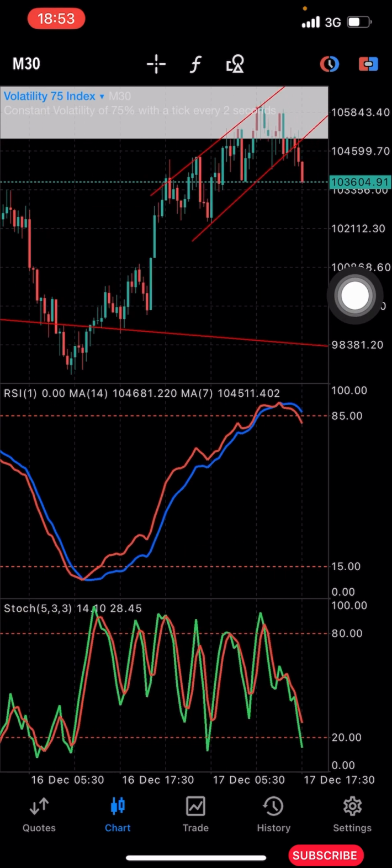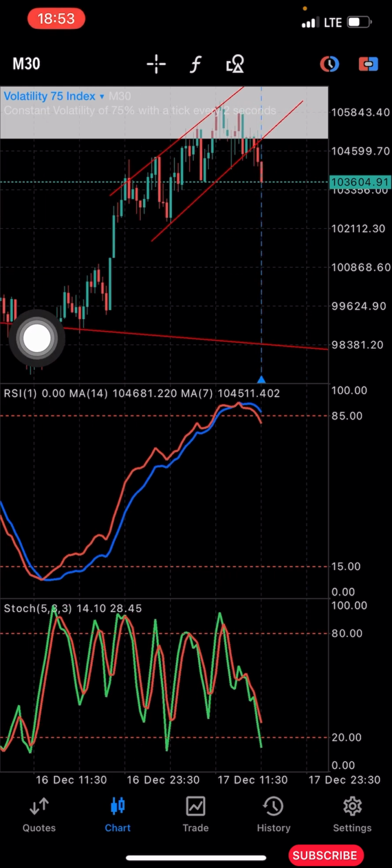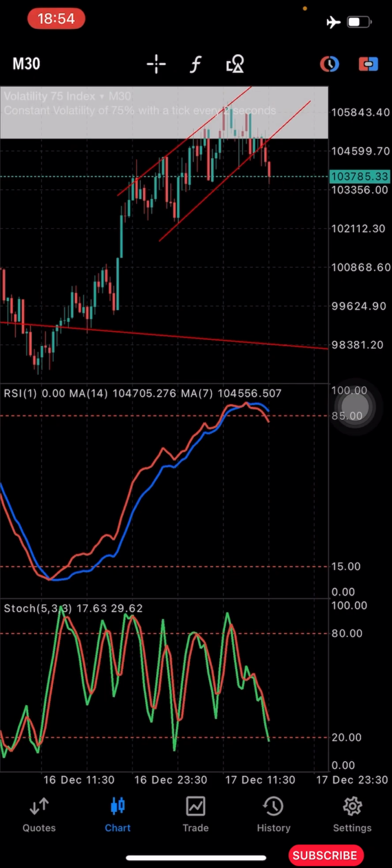Up until this area now, you can see that. For those of you who don't know how to do analysis, you can see I mixed it up with some price action and all that, but I'm just explaining based on this indicator right now, so you should just take note of only the indicator area. Price moved from this area to this area here. So around this area now, you want to wait for the red to cross below the blue line.